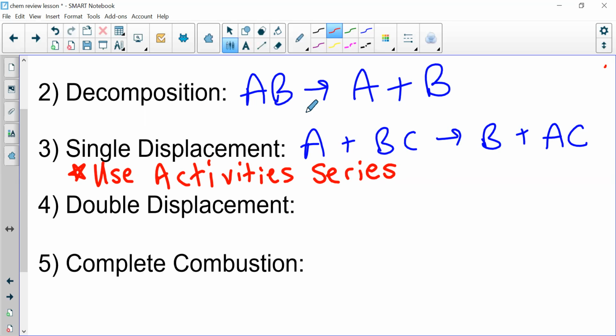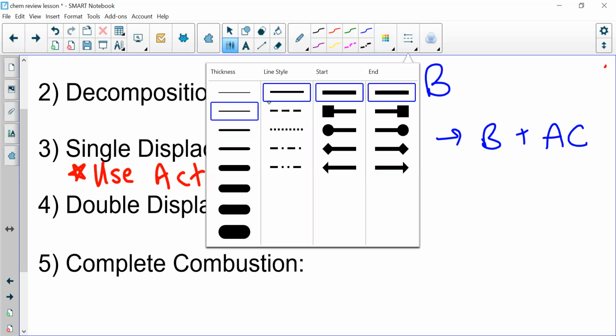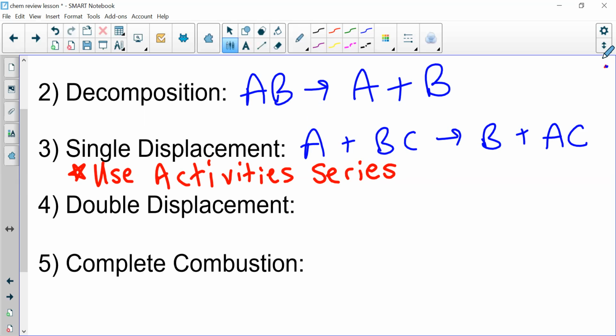If the higher metal is the one that's by itself, it's strong enough to break this bond in the compound. If it's a lower metal, nothing will happen. It's not strong enough. It will still remain by itself and no reaction will actually happen. So you will probably want to have your activity series pretty handy next week.